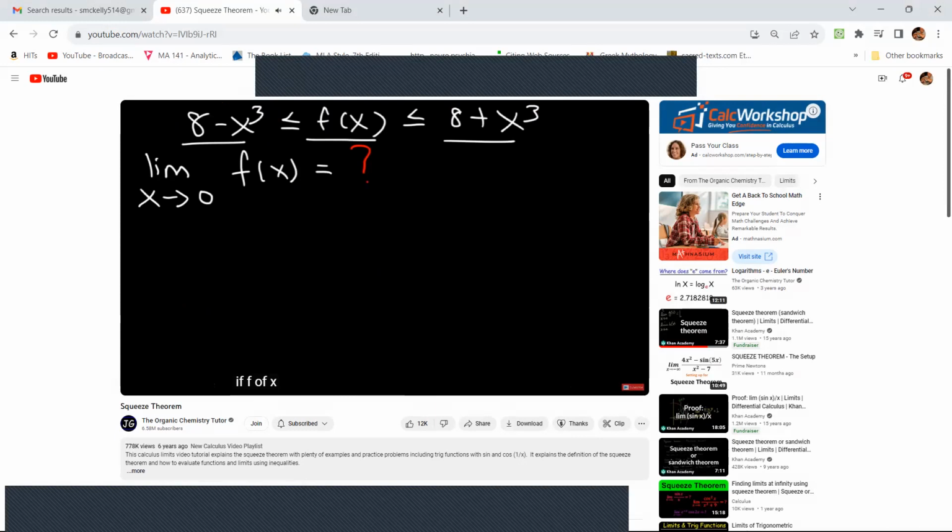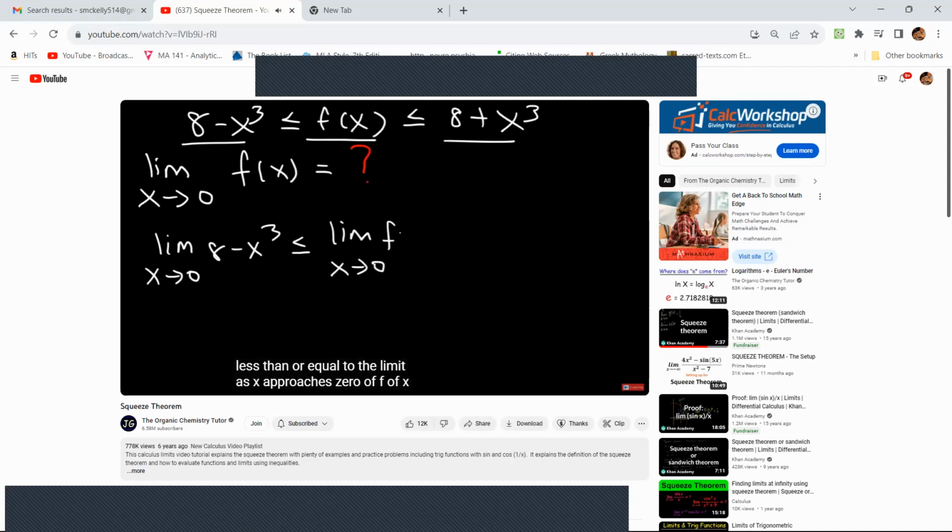So he's going to do what we just went over. If f of x is greater than or equal to 8 minus x cubed, and if it's less than or equal to 8 plus x cubed, then we can say that the limit as x approaches 0 of 8 minus x cubed is less than or equal to the limit as x approaches 0 of f of x, which is less than or equal to the limit as x approaches 0 of 8 plus x cubed.